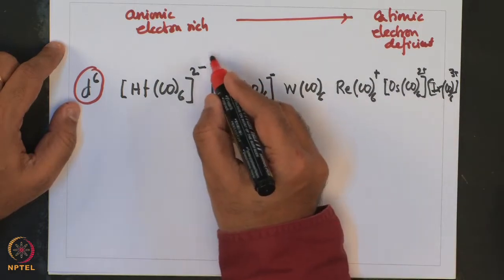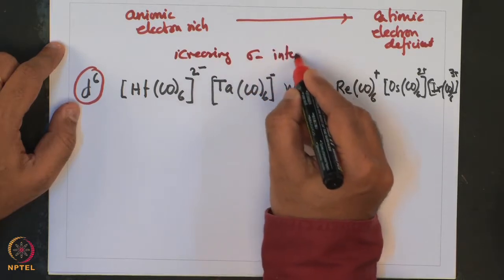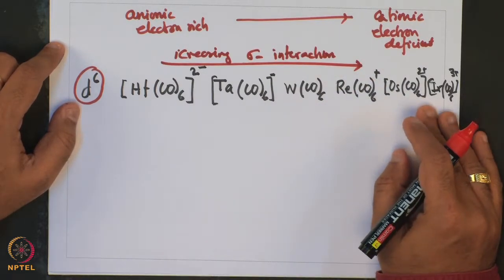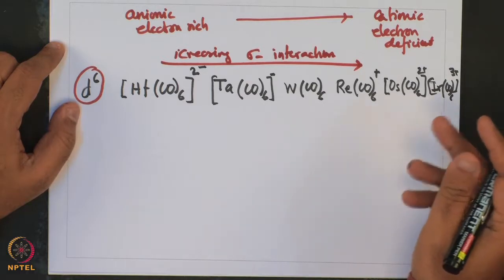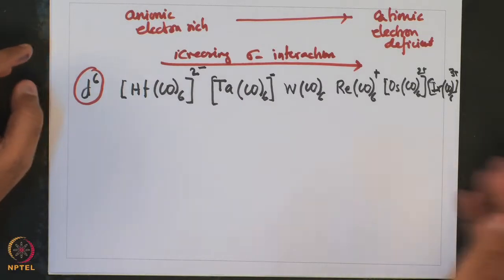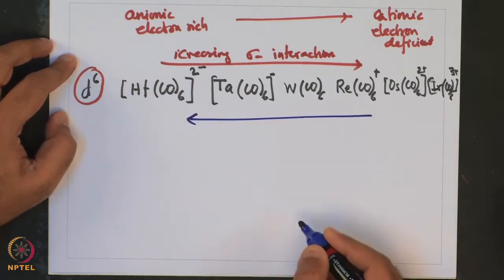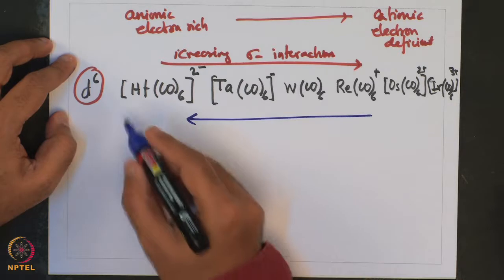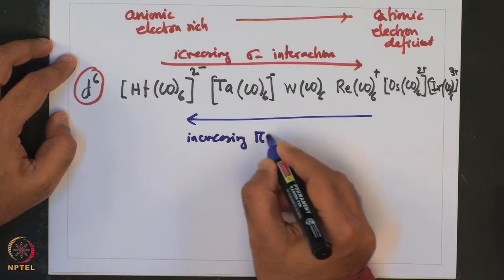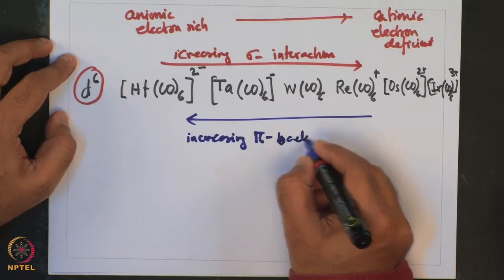So for this kind of complexes, the more on the right hand side, the less is the back donation and more is the sigma interaction, and on going from right to the left, the left one being more electron rich, it undergoes increasing pi acceptor interaction or pi back bonding interaction.